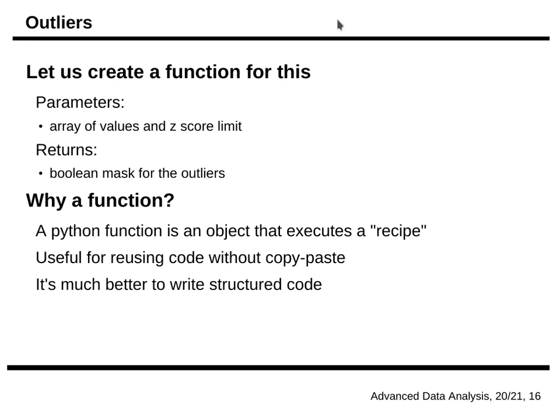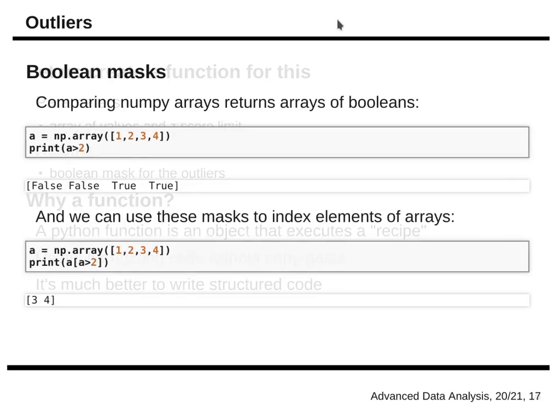So a Python function is an executable object that specifies a recipe that you can then apply each time you execute that object. So if we are going to clean outliers from our data following more or less this recipe regularly, it's useful to have this function and then just call the function every time we need it. So this makes the code a lot more structured and easy to write complex code by joining together simpler elements.